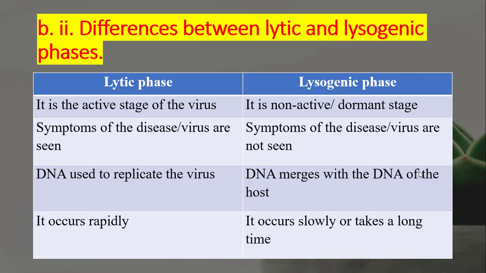It also produces the DNA of the virus. The lytic phase occurs rapidly, and the lysogenic phase is slow and takes a long time. Any two of these, or any similar or related points you wrote down, will give you 2 marks.